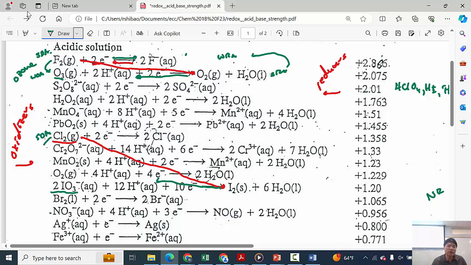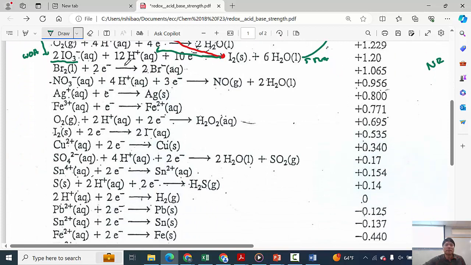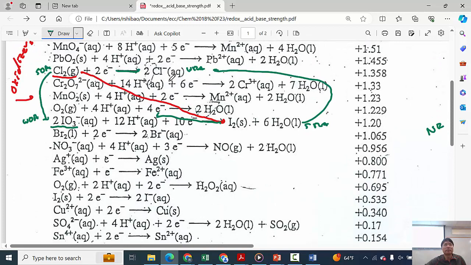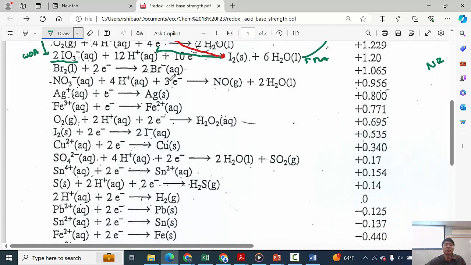So we're going from an SOA to a WOA. This is downhill. Likewise over here, iodine would go to chloride. Chloride is a weaker reducing agent, and iodine is a stronger reducing agent. So again, this would be downhill. Does that make sense? Same thing as before.